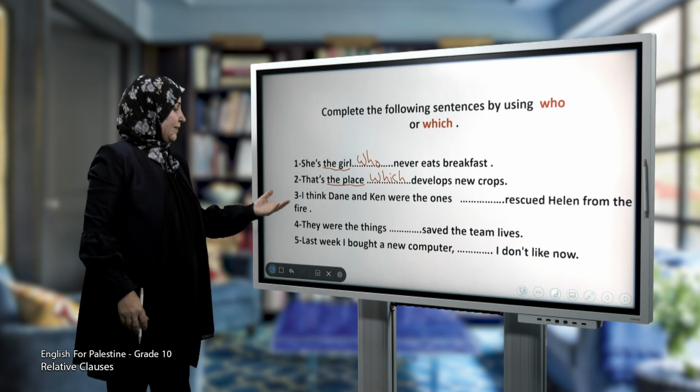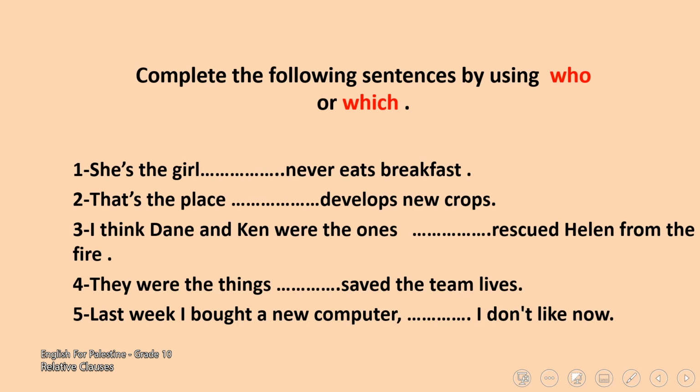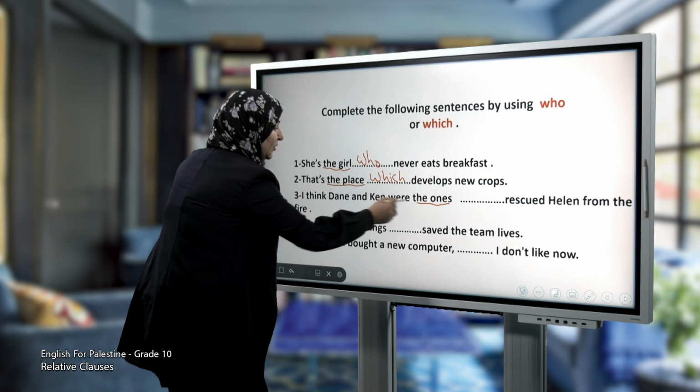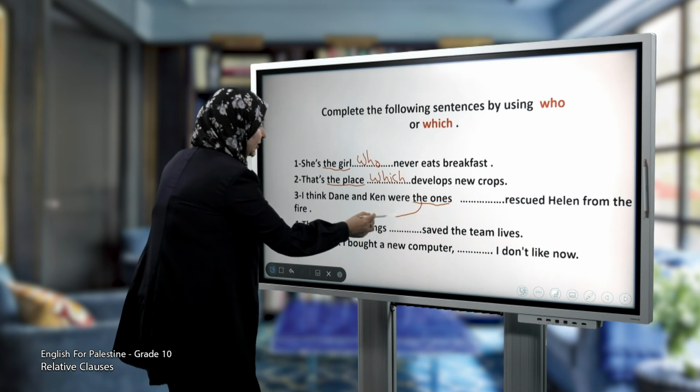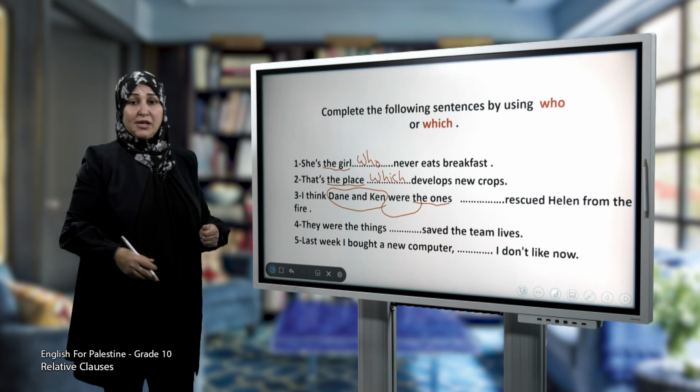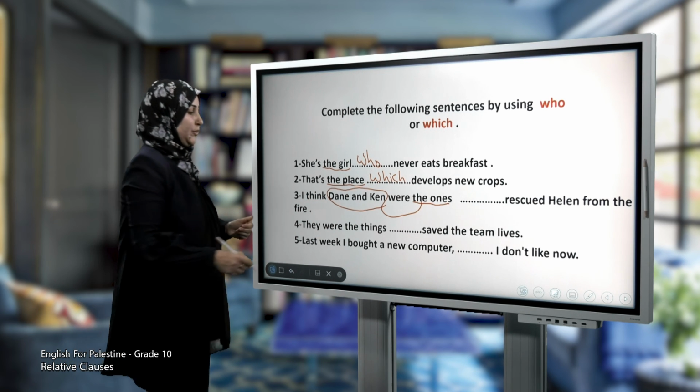Number 3, I think Dan and Ken were the ones who rescued Helen from the fire. Here we are talking about the ones, which refers to Dan and Ken, and they are persons, so we use who.